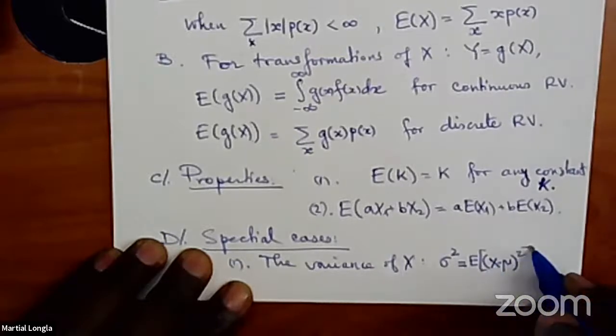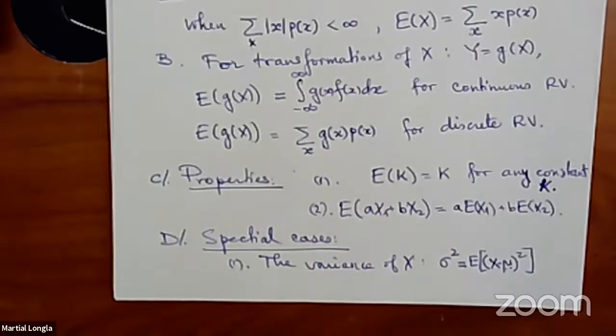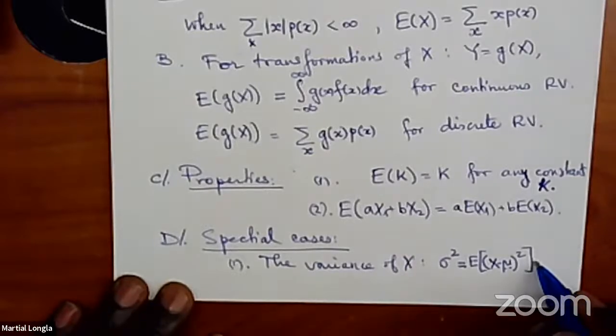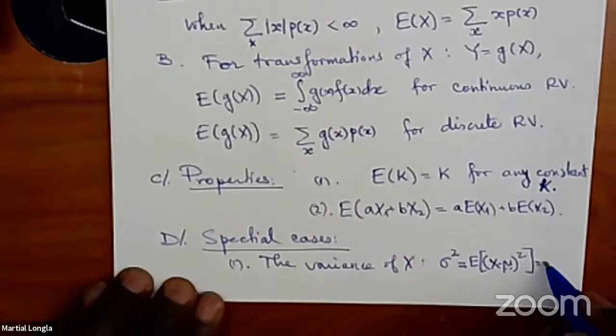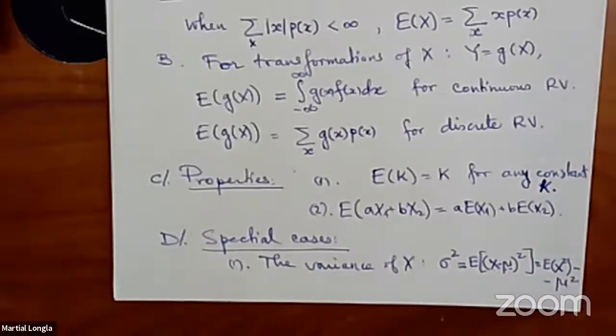That means the expected value of the random variable minus its mean, squared. And we easily prove that this is equal to the expected value of x squared minus mu squared. So the variance is equal to the expected value of the square minus the square of the expected value.